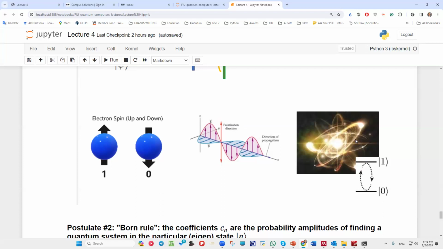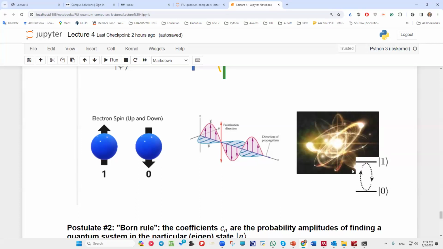And of course, there are other systems, like I already mentioned, say I have an atom with a ground state and an excited state. I say that state 0 is my ground state, state 1 is the excited state. And before I measure the atom, it must be thought of as being present in a combination of the two, the state 1 and 0.